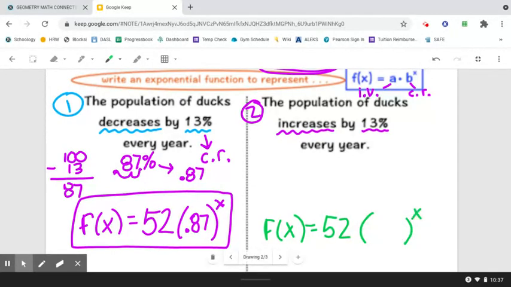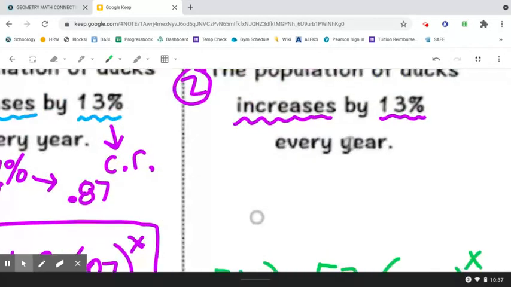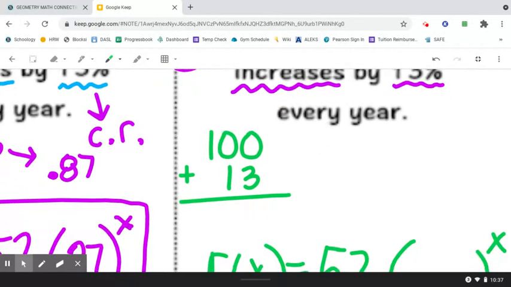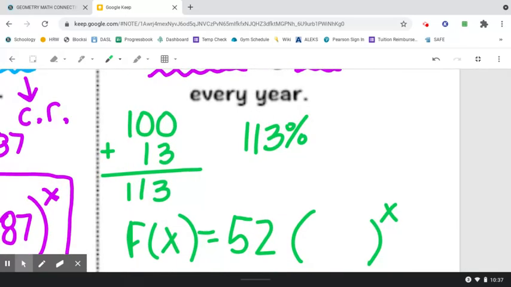Since we are increasing by 13%, remember, we're going to start off with 100% of our ducks, all 52 this year. But next year, we're going to increase by 13%. So I'm going to add 13 to 100. So that means I'm going to have 113%.